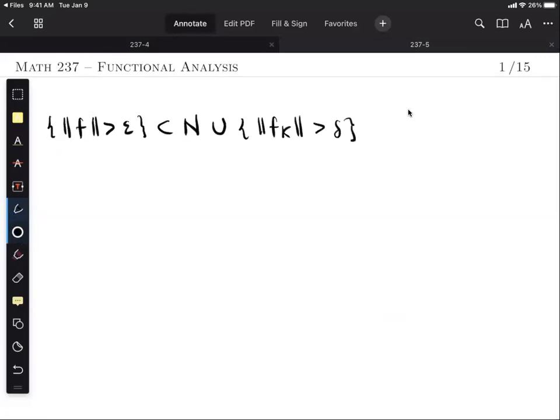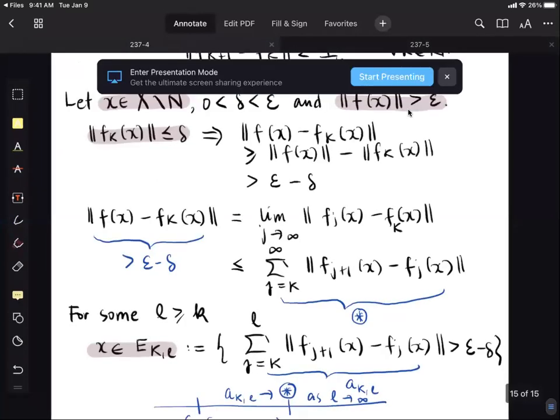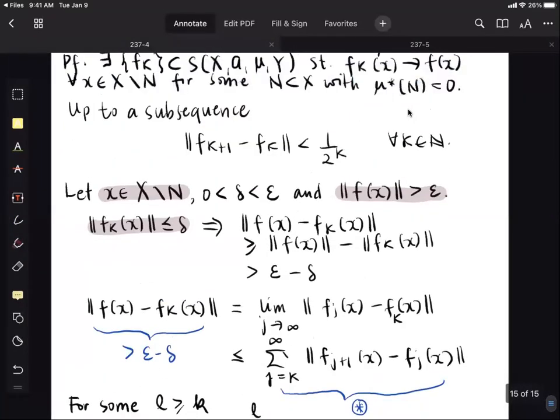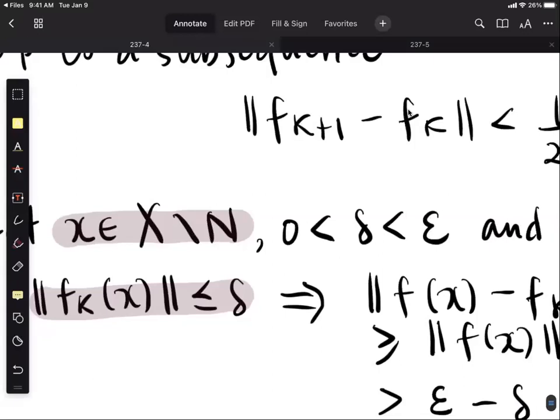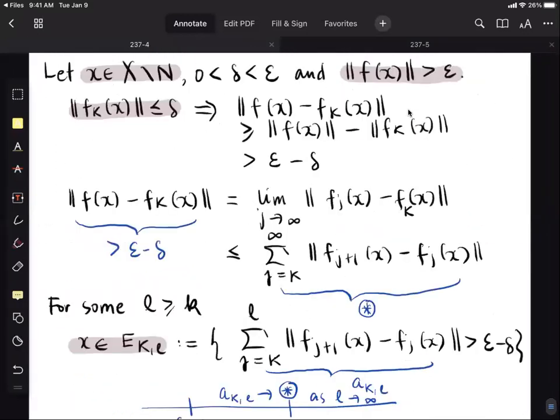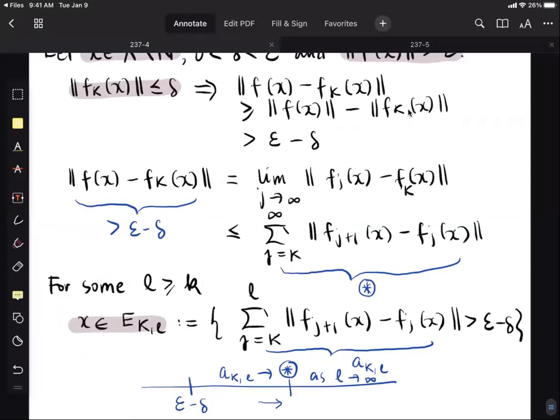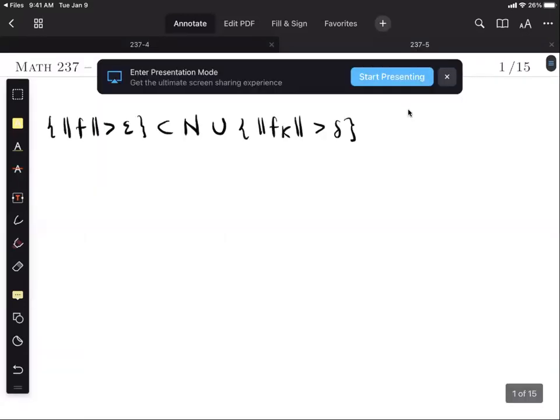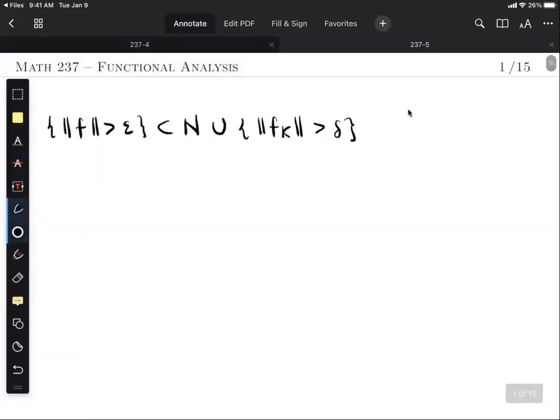But if the point is neither in N, nor in the set where the norm of f sub k is greater than delta, then we have these two conditions, and those two conditions imply that x is in A sub kL for some L greater than or equal to k. And that way we could say that it is in the union of A sub kL, L from k to infinity.